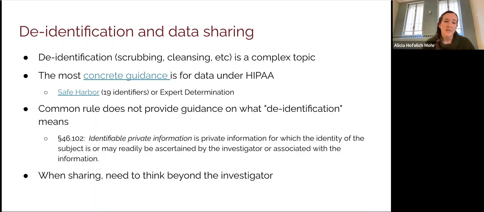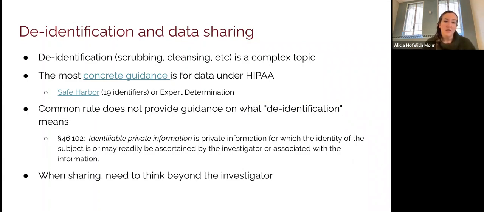The 19 identifiers is typically what's used, but it's problematic for a lot of social science data and other human subjects data. The 19th, or last, identifier is any other potentially identifying code. So this could be any combination of any other indirect identifier not mentioned in the previous 18.